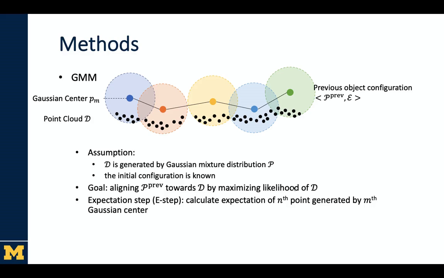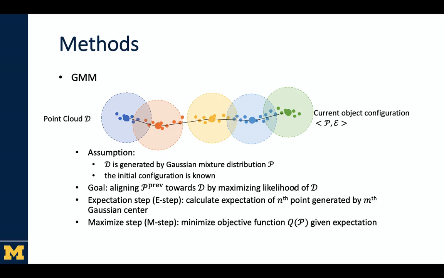It could be realized through looping between expectation step and maximization step. In each step, we calculate the expectation of endpoints generated by M's Gaussian center. For example, points in blue have a high expectation that they are generated by the blue Gaussian center, and the same for other colors. Then in maximize step, we assume the expectation is constant, then we will minimize objective function Q_P.